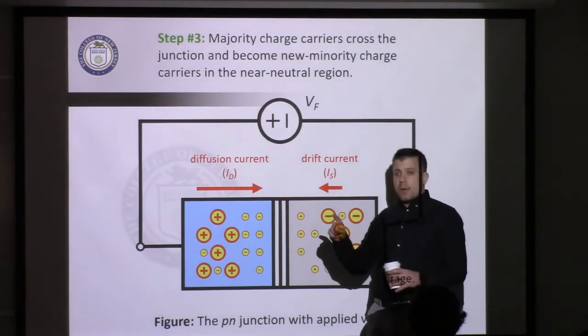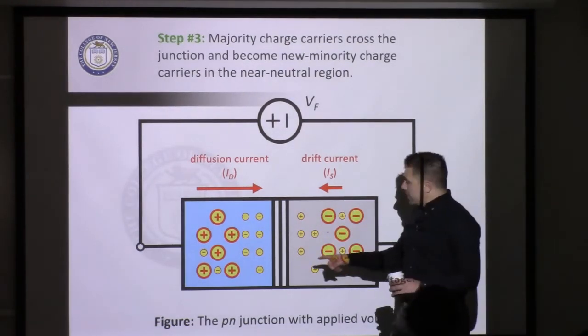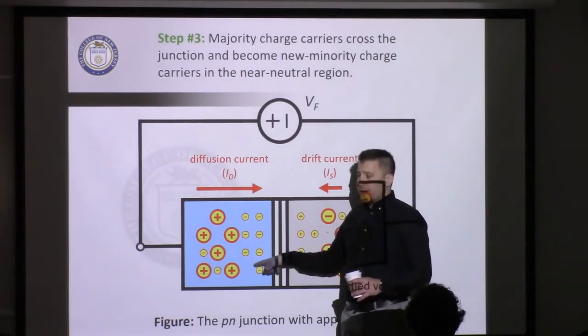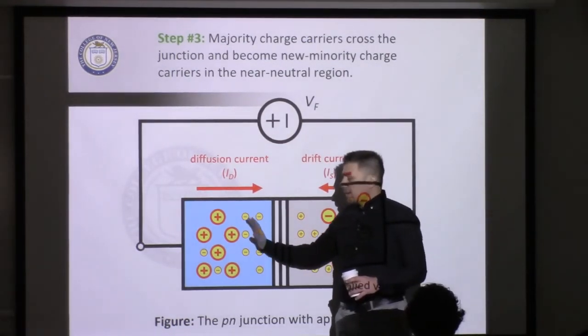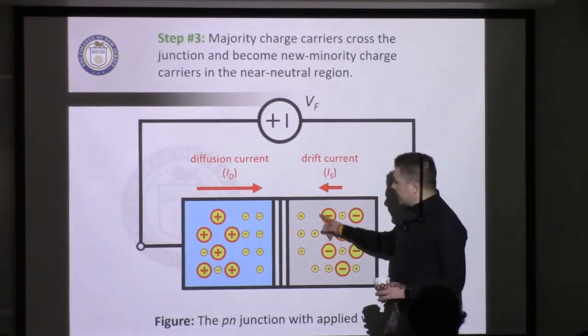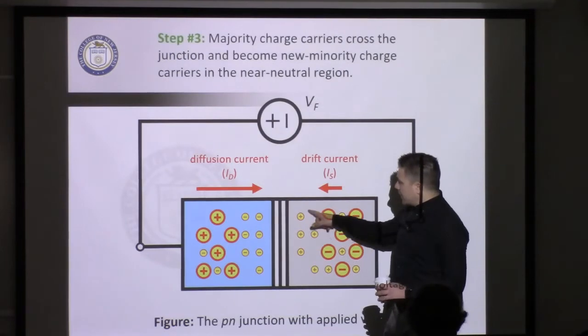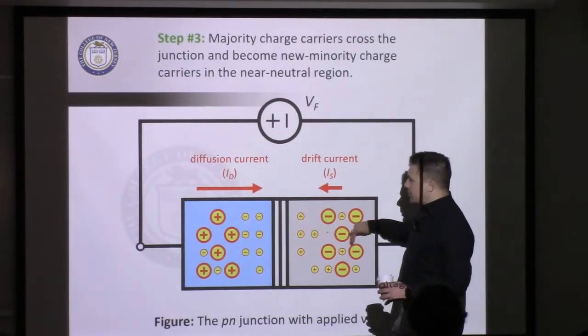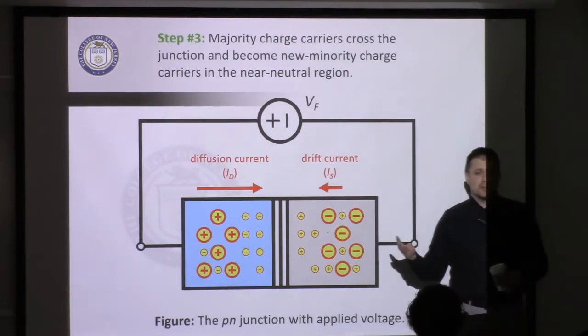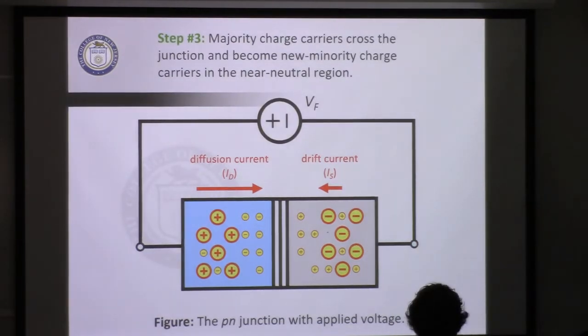But we have 2 more, because now you can see there's a buildup of minority charge carriers right here, and so they're going to want to even out by pushing in that direction. Then the same thing over here. There's a buildup of minority charge carriers. They're going to want to push in that direction in order to even out. So we have 4 different diffusions happening all at once.